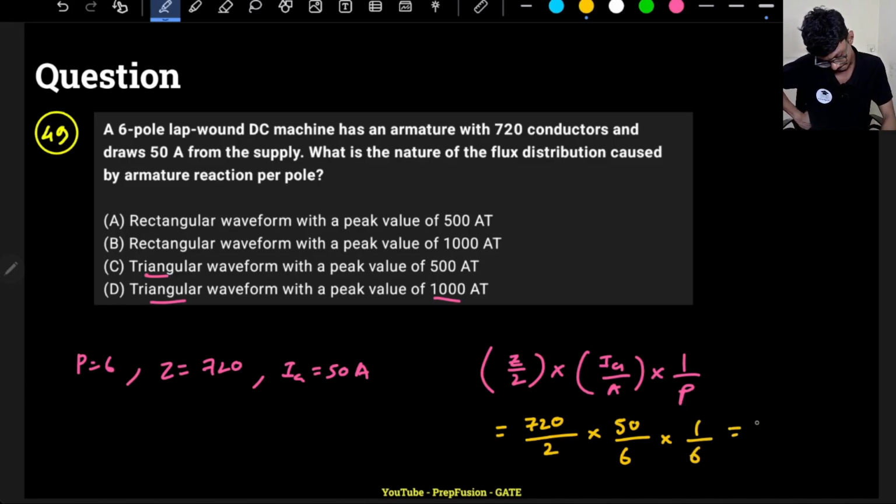So 720 divided by 36 into 25, so 500 ampere turns will be the answer. The peak value will be 500 ampere turns. Okay, so option C will be the correct answer in this case.